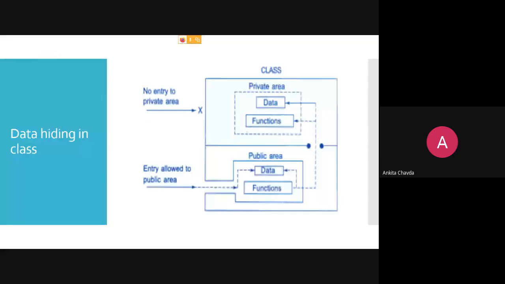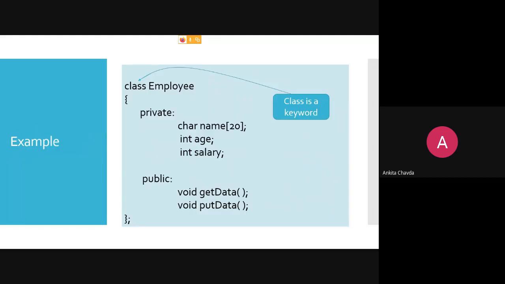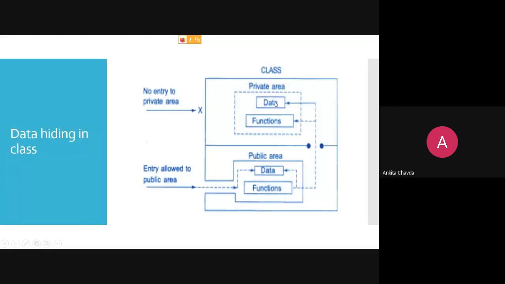today's lecture. What we have seen last time, that you all know, right? The access specifier, how it works, and the syntax of the class, how you can hide the data in the class. So you are making some of your data members and member functions private. There would be no direct entry through this private area.